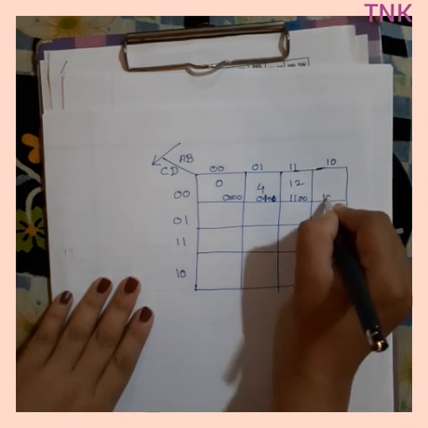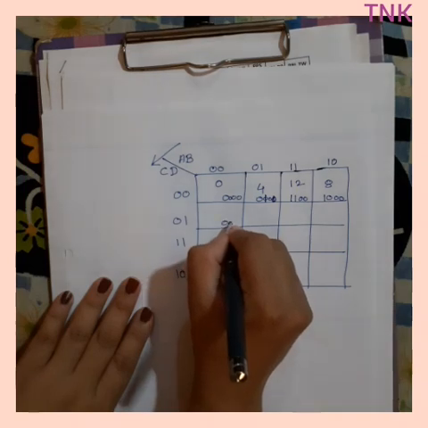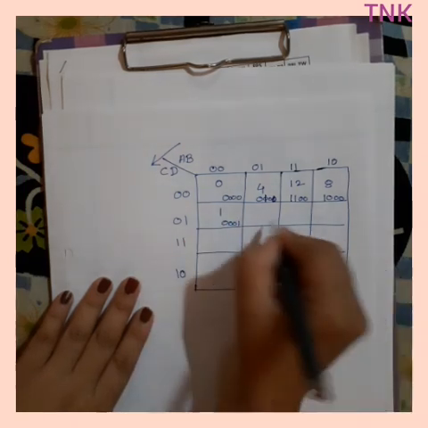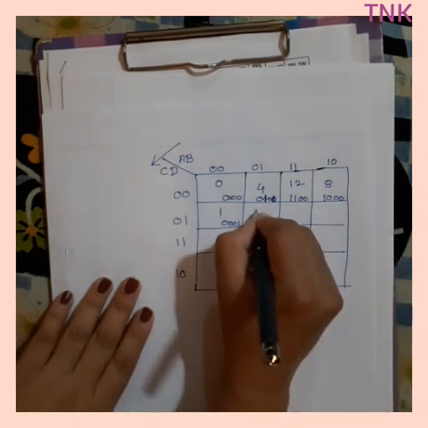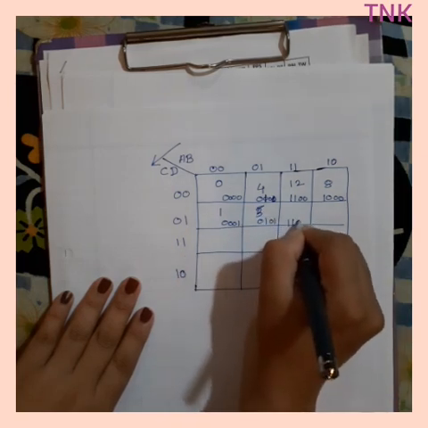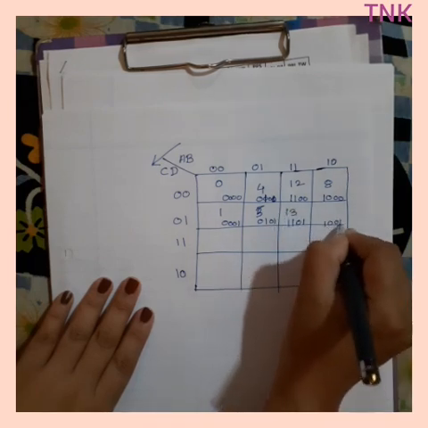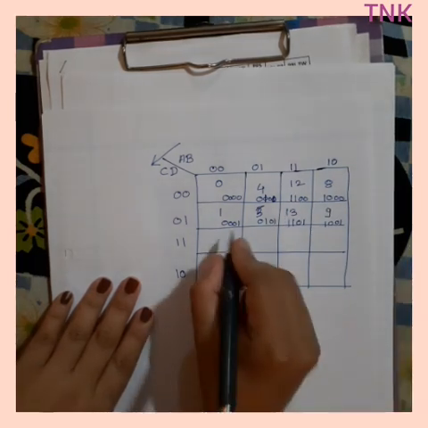This is 1 0 0 0, that is 8. Next, 0 0 0 1, 1. 0 1 0 1, 5. 1 1 0 1, 13. 1 0 0 1, 9.